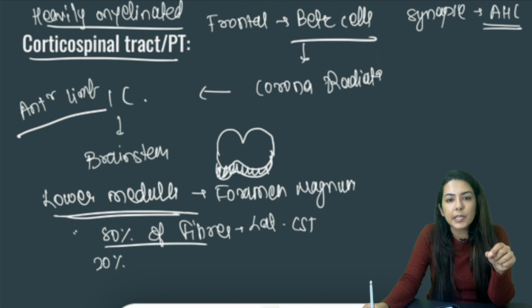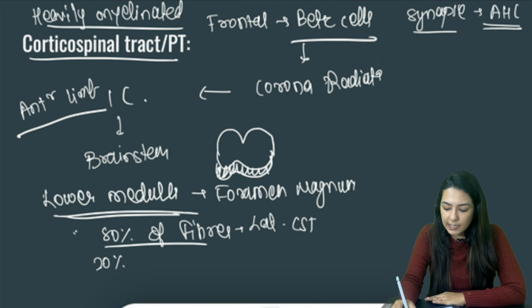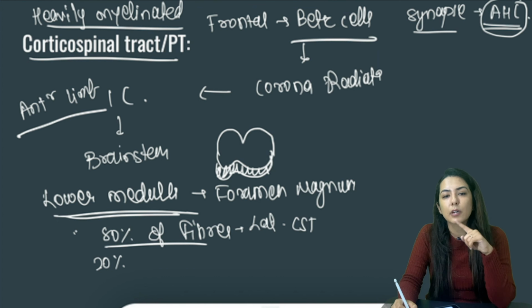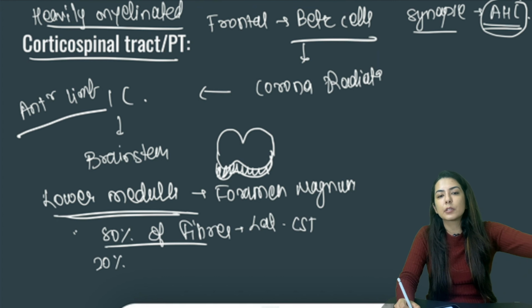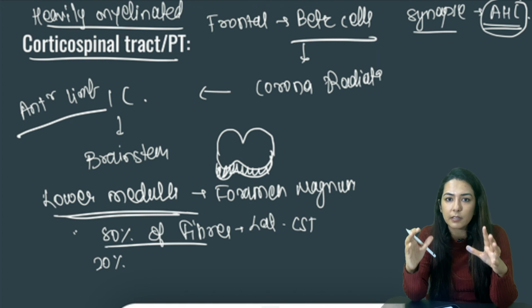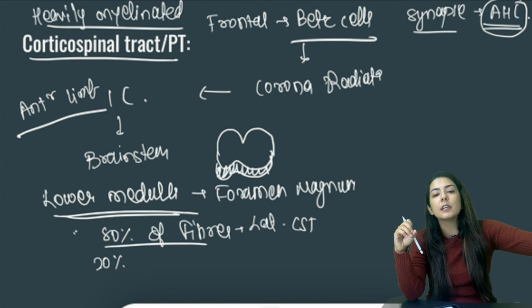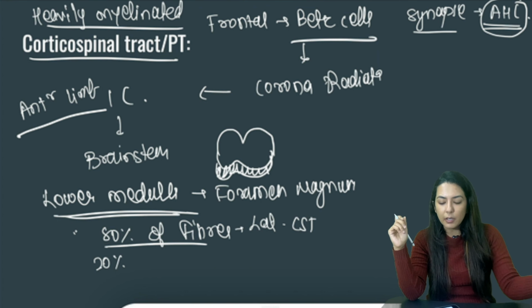There is a cell body of that neuron present in the anterior horn, and the corticospinal tract will synapse with this anterior horn cell. From this anterior horn cell, the axon will arise and go into the muscle. So the corticospinal tract is controlling this anterior horn cell, which is supplying the muscles needed for movement.